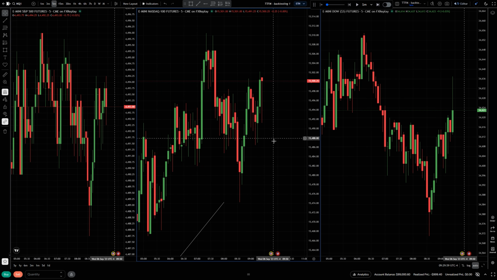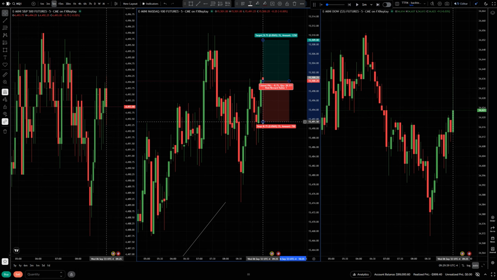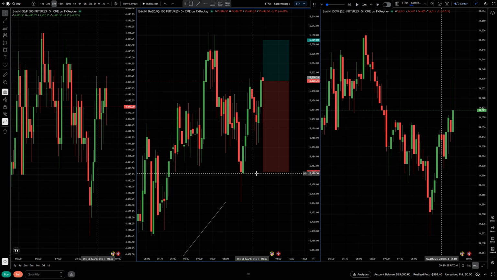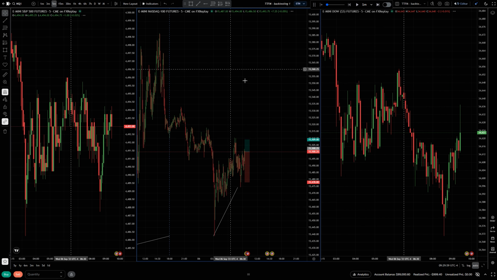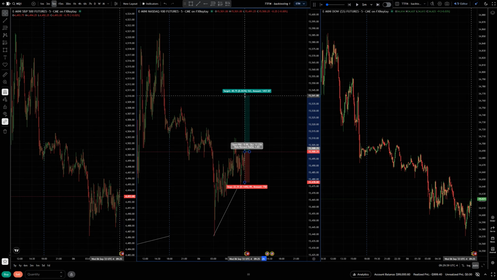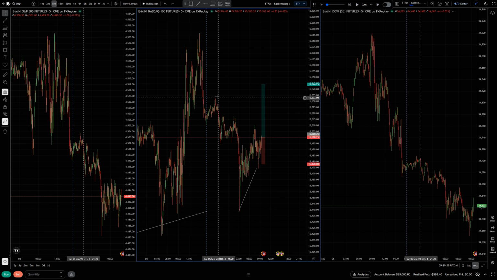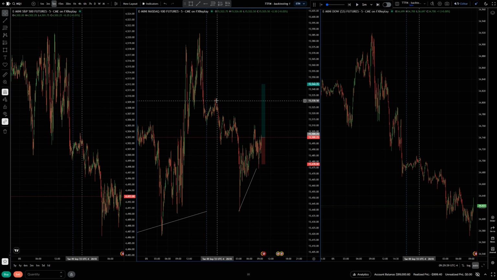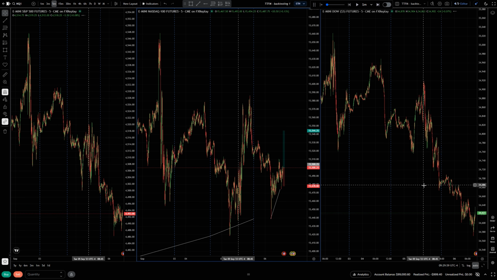You actually could take a positional entry like this, with your stop close to half of the week, and look to trade above midnight, sorry, Asia, and maybe up to previous day's high.